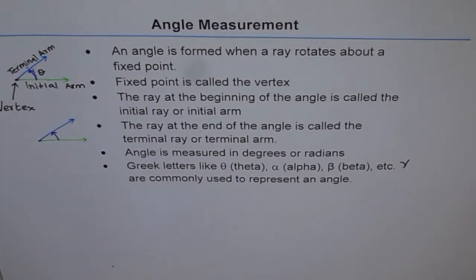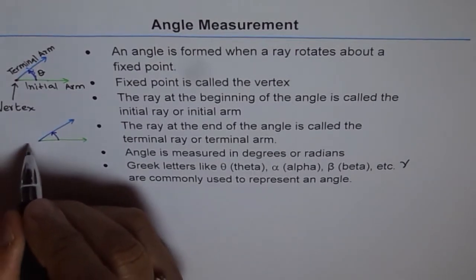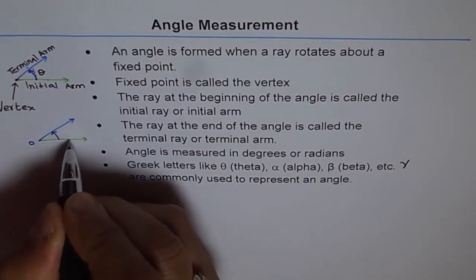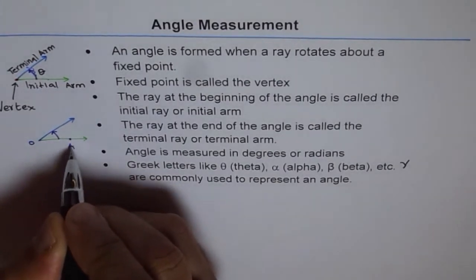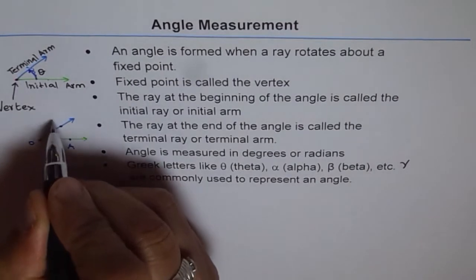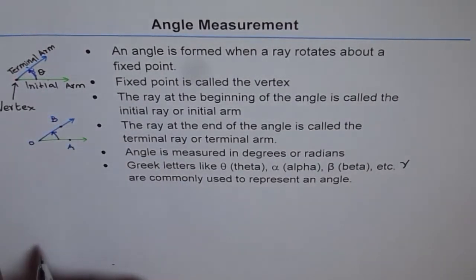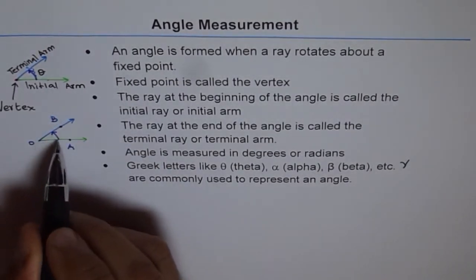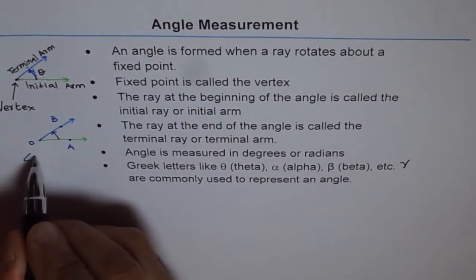The second way is that we can put points. Let's say the vertex is at position O, and we call this point A, any point on the ray which is the initial arm, and let's say this point is B, right? In that case, we can refer to this angle as angle AOB.